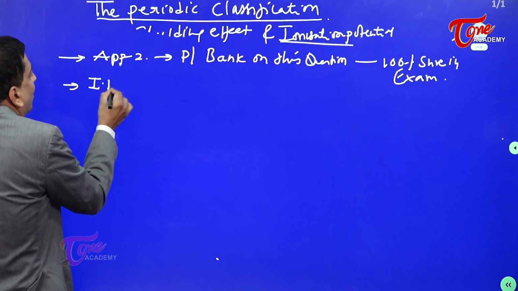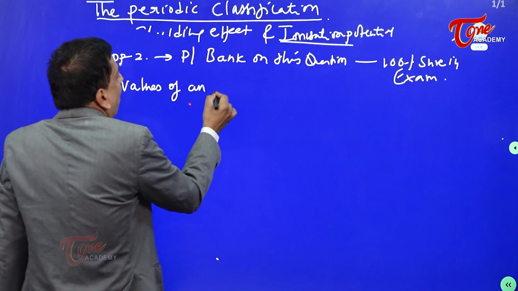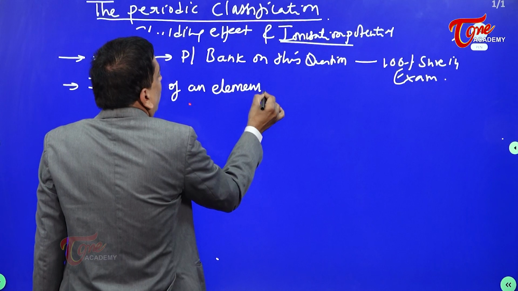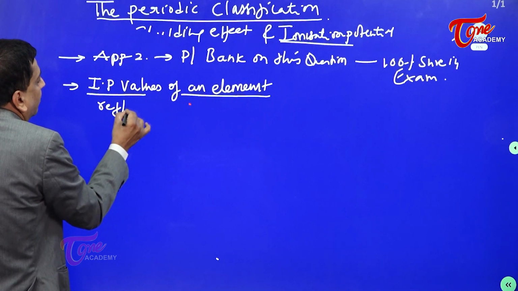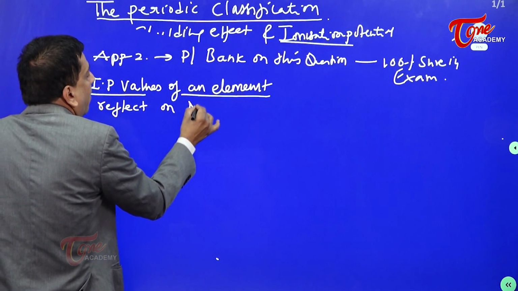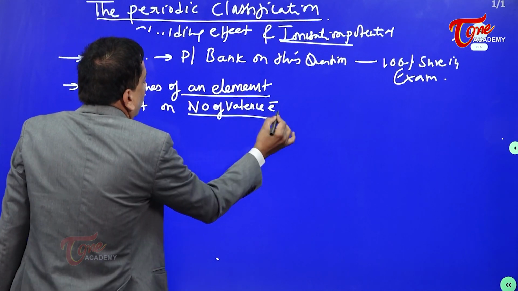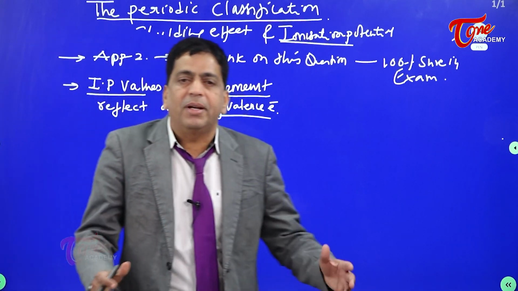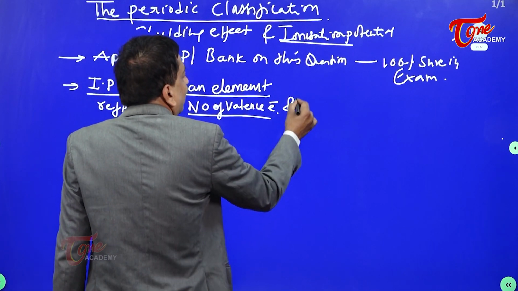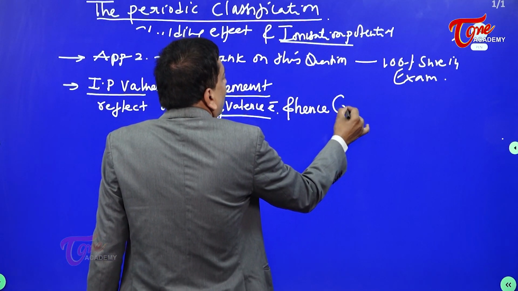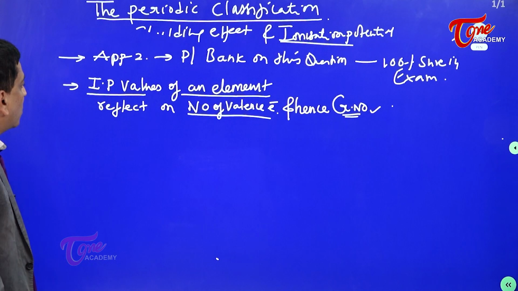Ionization potential values of an element, I would like to underline, IP values of an element reflect on the number of valence electrons, and hence group number.